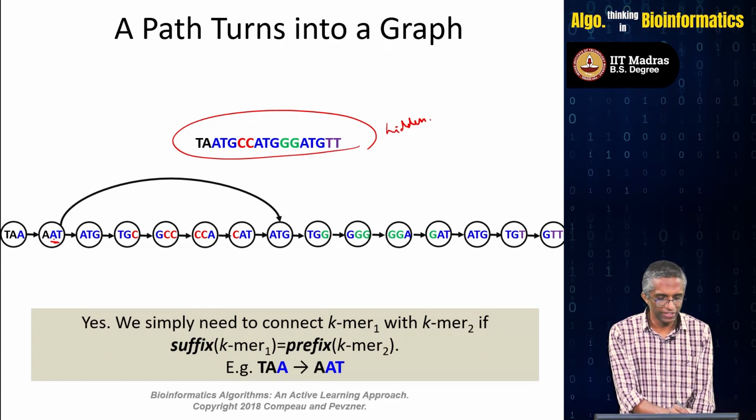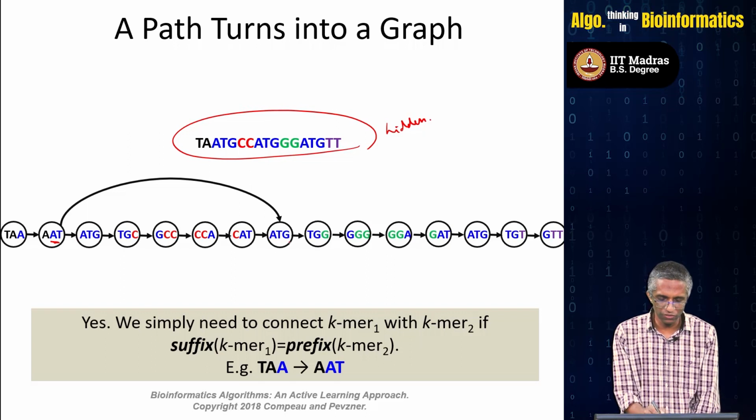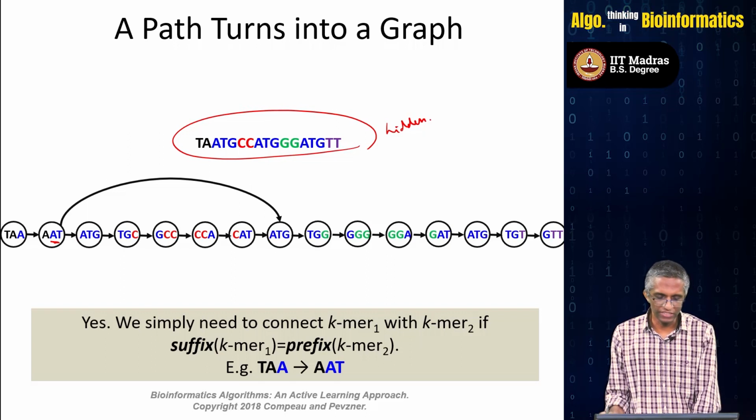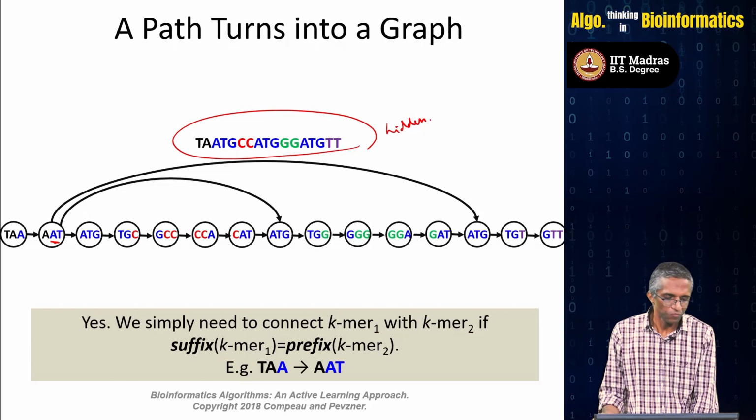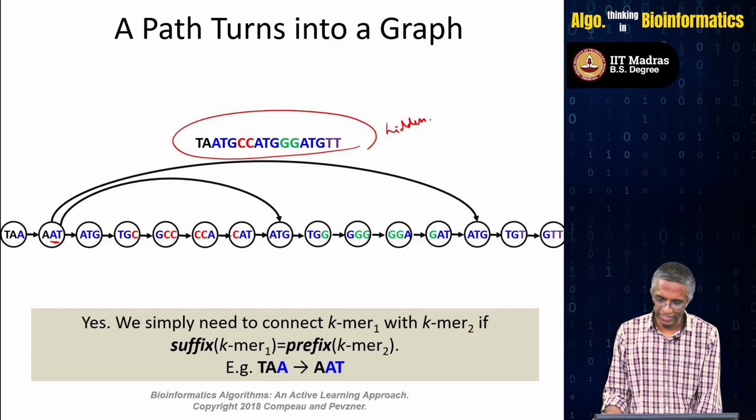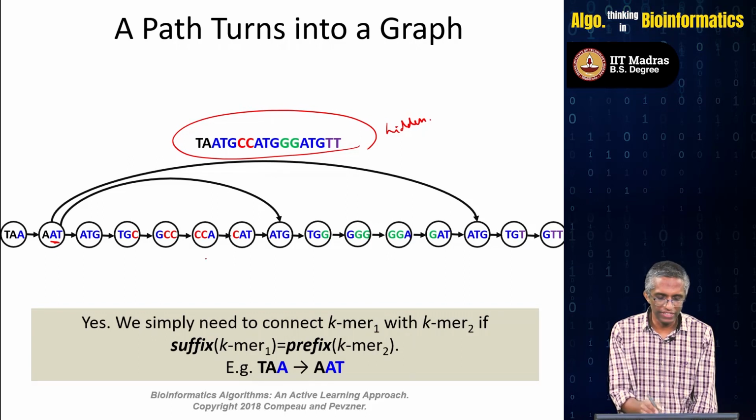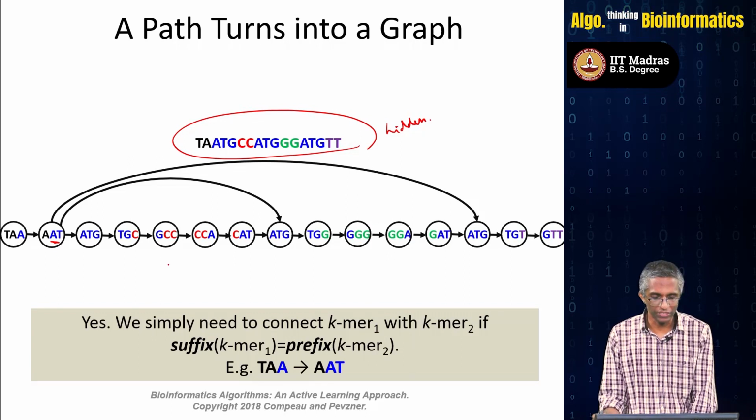So AAT can go to this ATG or this ATG or this ATG. Is there anything else that starts with an AT? I don't think so. So all the three K-mers that start with an AT have been covered here.